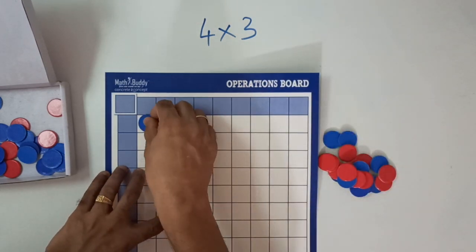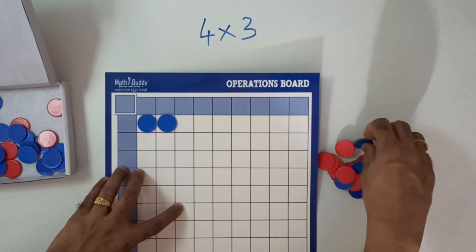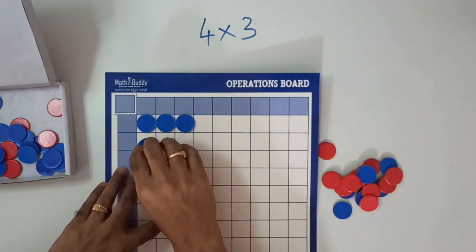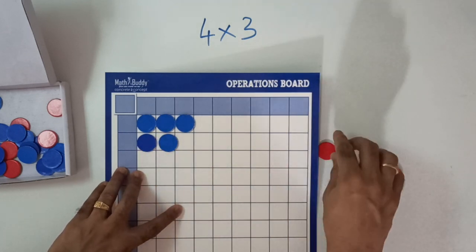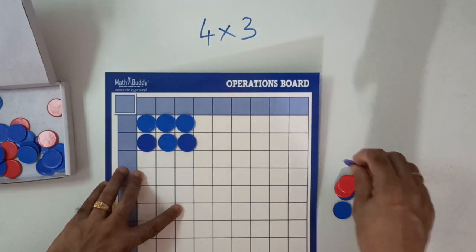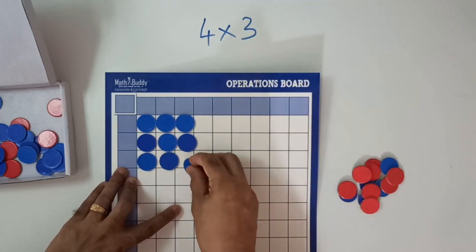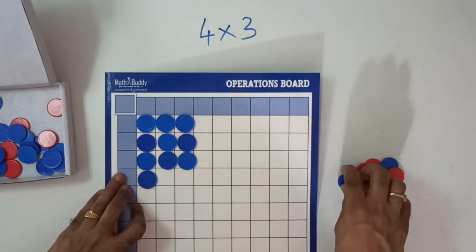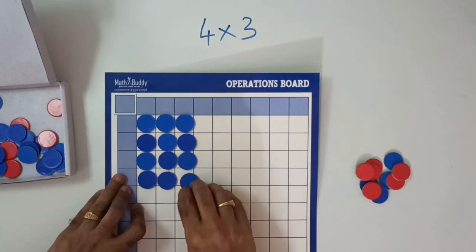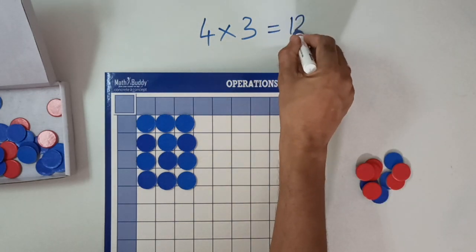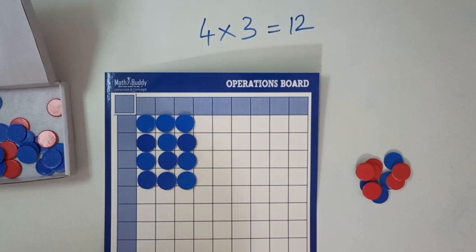So if I place 3 of these chips in a row, and I repeat it 4 times, each row having 3 chips, and I'm using the positive chips because I've got 3 here, so I place 3 chips in 4 rows. That's the meaning of 4 multiplied by 3. And what is the value? You basically have 12 blue chips, and therefore we say that 4 times 3 gives you 12.